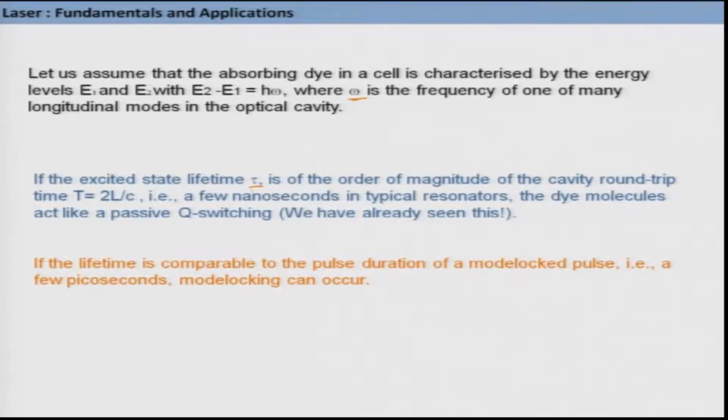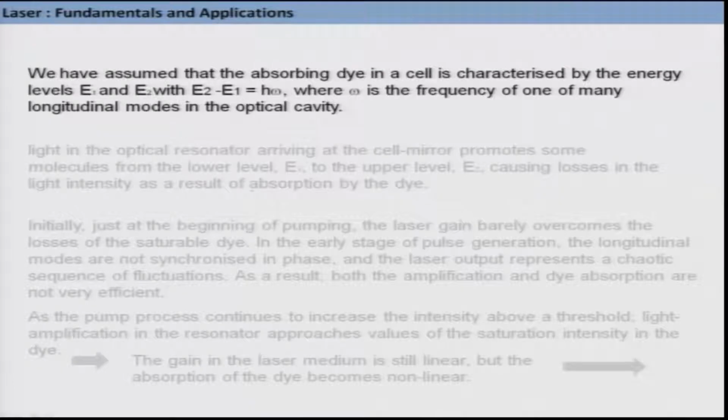Now, as we have already assumed a two-state system, E2 minus E1, if I write it in terms of omega, must be h-bar omega. Now, this light in the optical resonator arrives at the cell mirror.